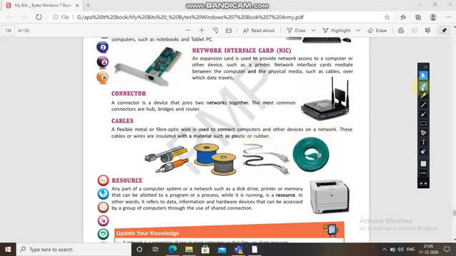The next one is cables. Flexible metal or fiber optic wire is used to connect computers. So you can have a flexible metal or a fiber optic wire, which is also flexible, to connect computers and other devices on a network.